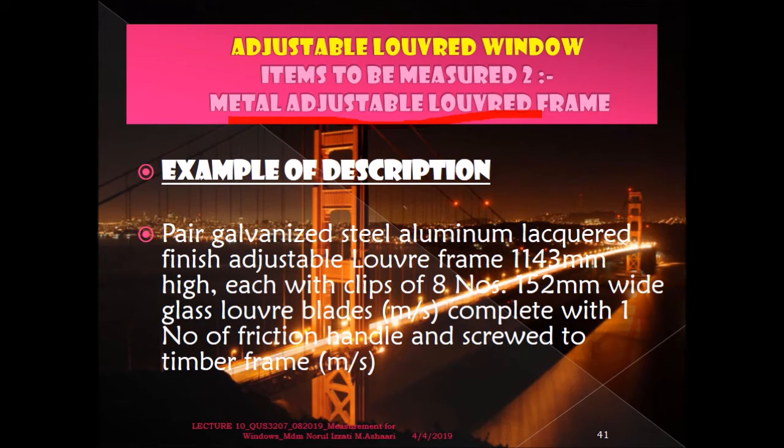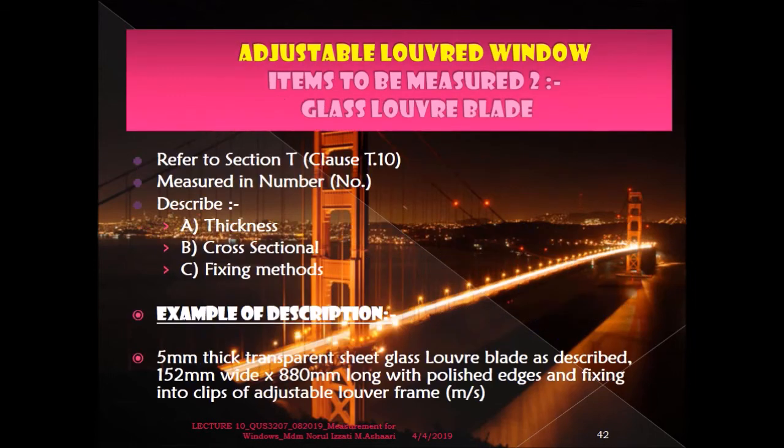This is for you to make sure that once you use the handle, it will open the whole set of glass blades. For this item, we have to measure the glass louver blade separately under T.10. You can check under T.10 now. Can you open your SMM under section T? In section T of your SMM, there is a subclause T.10.